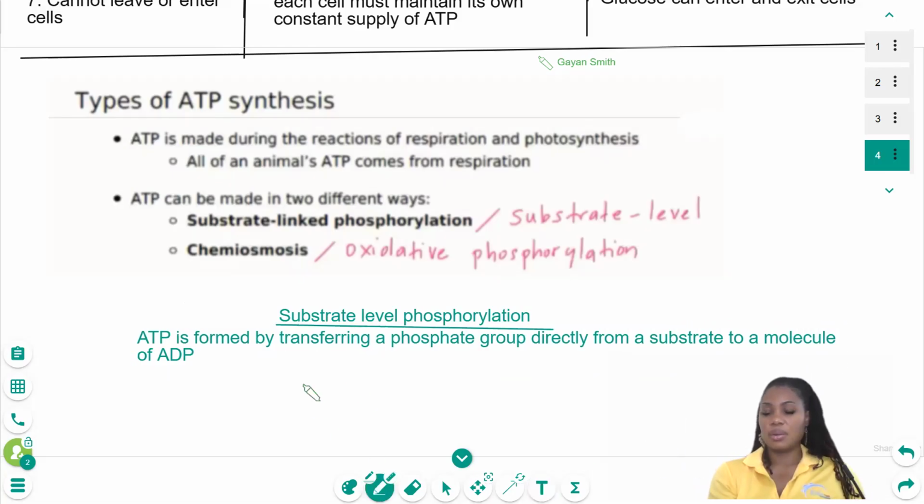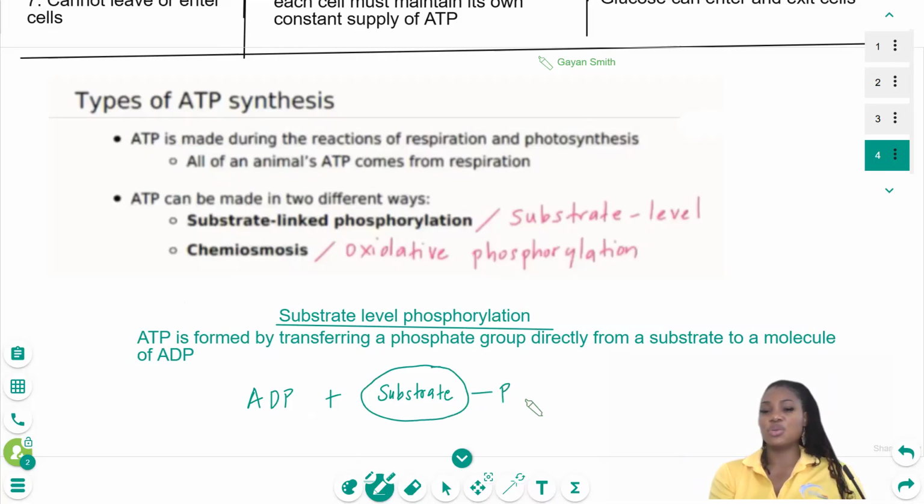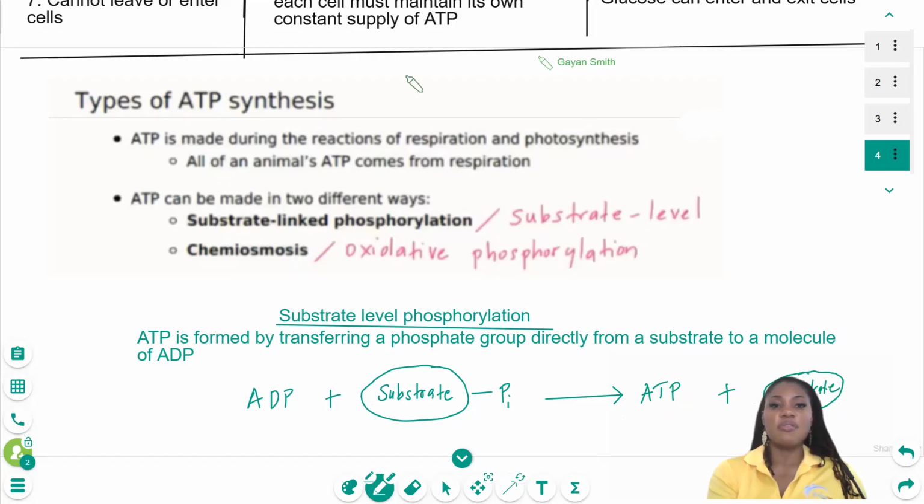So literally, we have the molecule of ADP and we have a substrate, which is basically a molecule that has a phosphate group attached to it. And then the phosphate group is given to the ADP to make ATP. And then we have the substrate losing the phosphate group. So that's literally how it works.